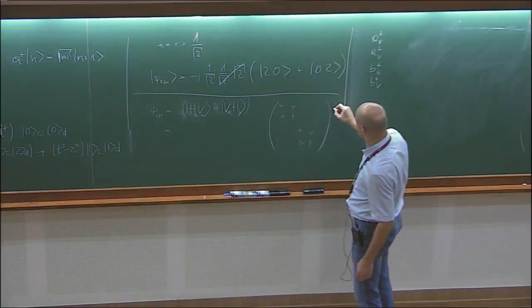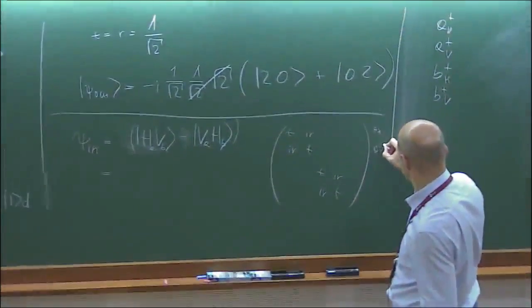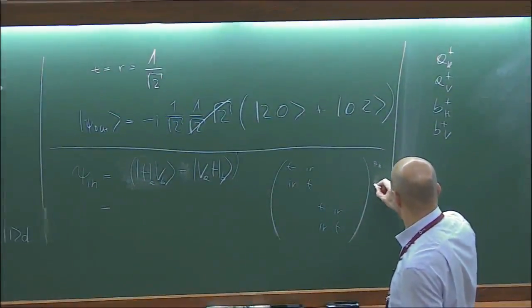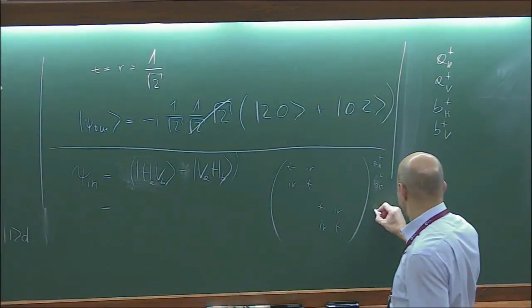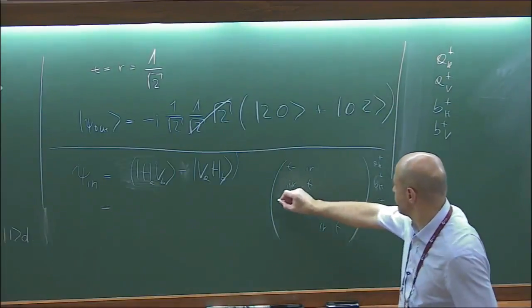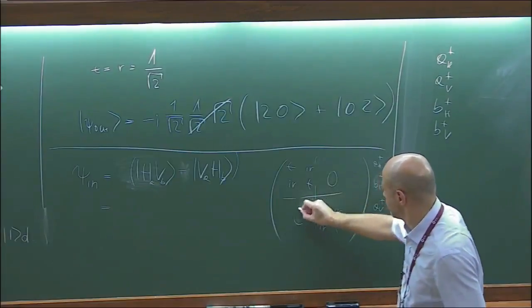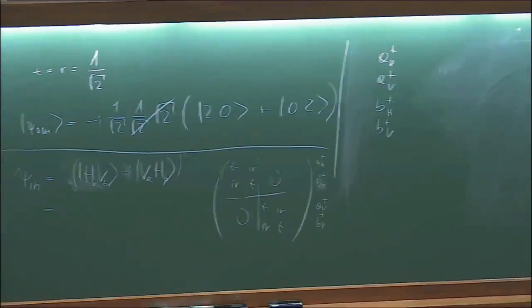If this is the AH, AV, no, sorry, it's the BH, and this is the AV and the BV. So of course, it's like two beam splitters, two sets of modes. And this is what a non-polarizing beam splitter does. And this is in fact the action of the Bell state analyzer.